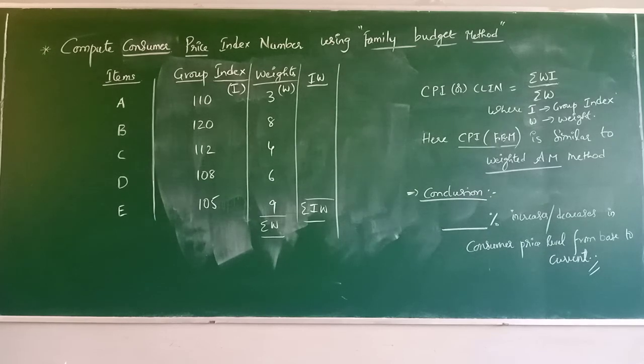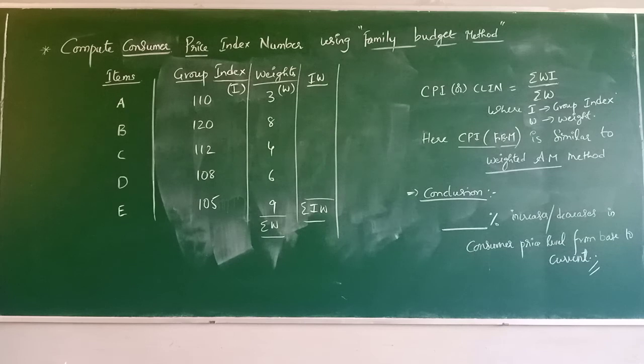So 110, 120, 112, 108, 105, these are all I values, and the weights are given directly: 3, 8, 4, 6, 9. So what would be the formula when group index is given? Consumer price index or cost of living index equals summation WI by summation W, where I is the group index and W is the weight.